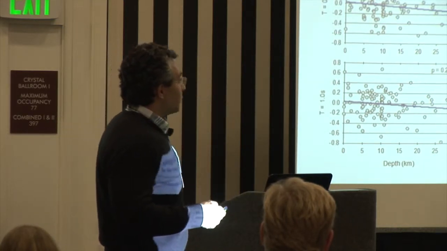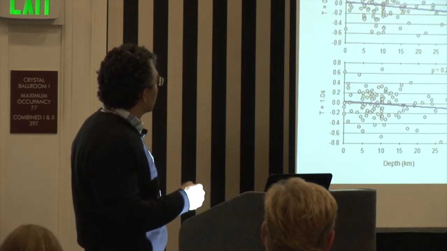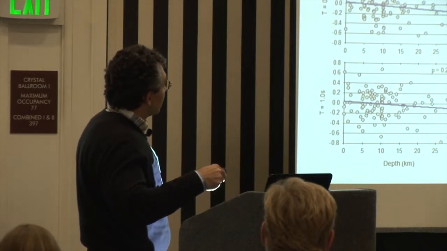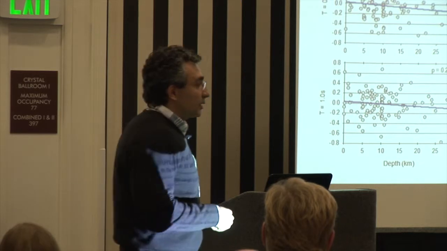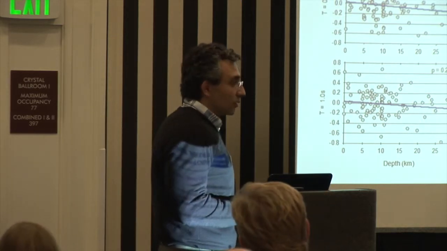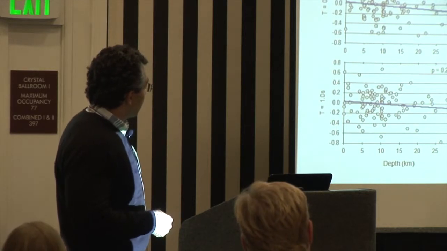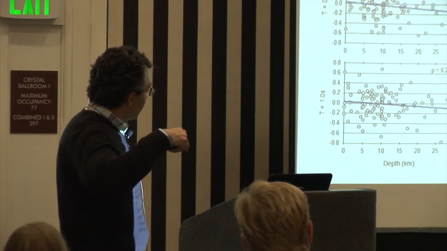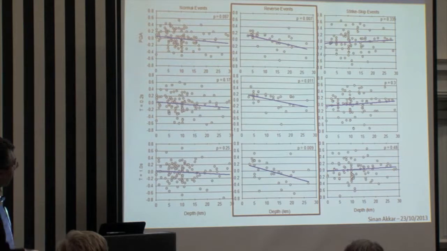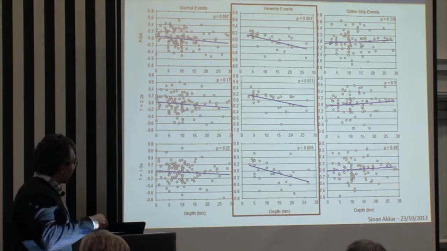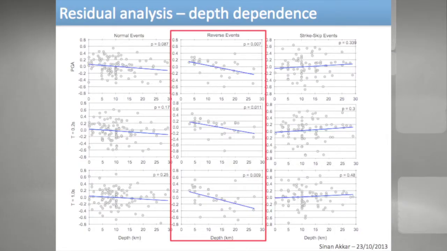Even without p-value statistics, you can see that for normal events and for strike slip events, the median estimations do not show a significant bias for depth variation, whereas for reverse events, we have a significant bias in our median estimations.